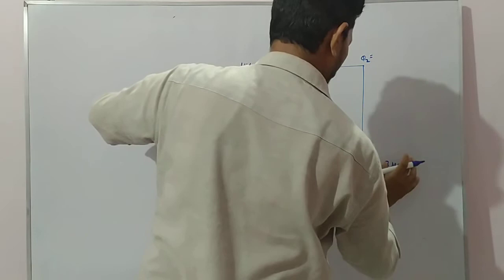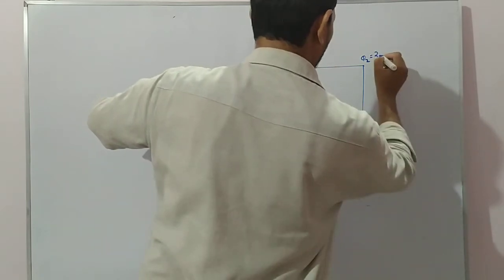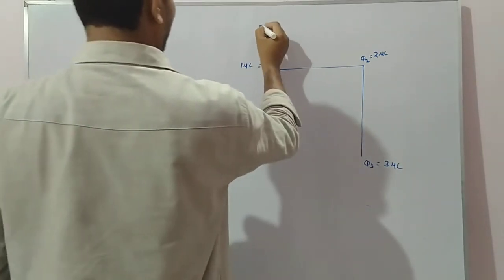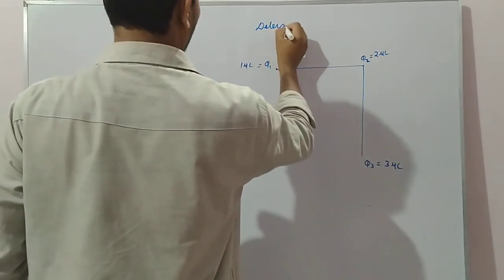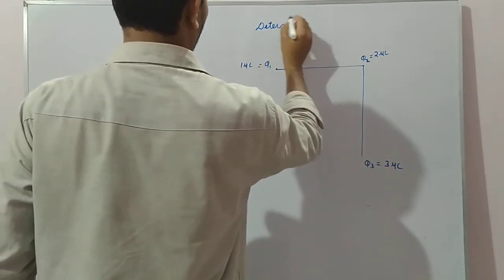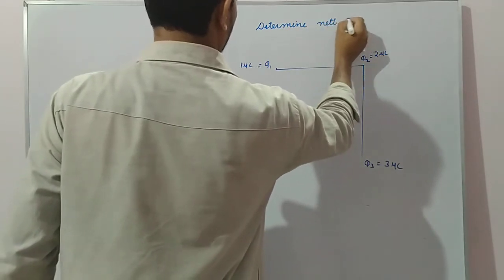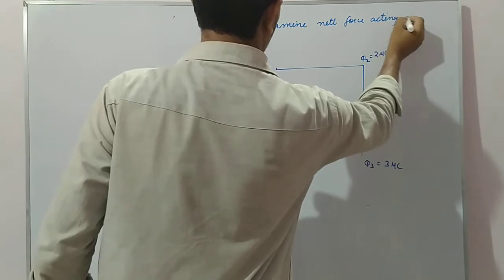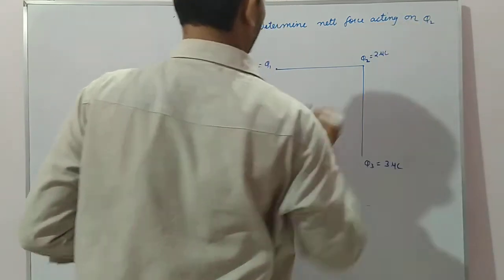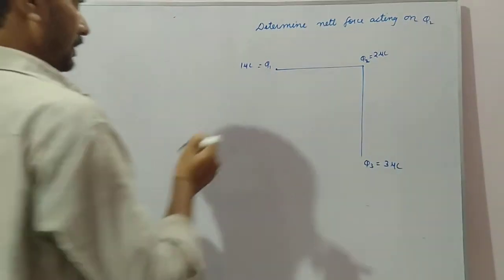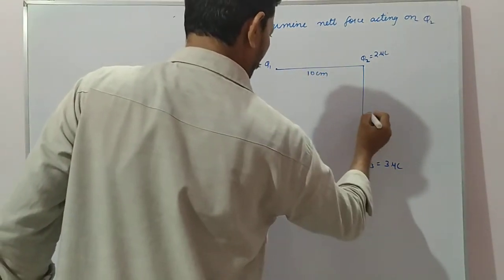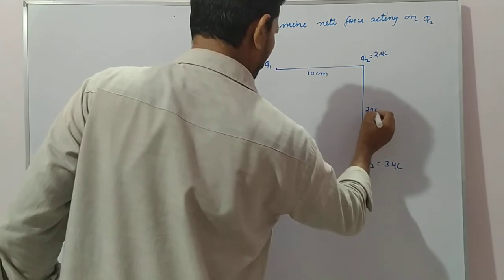The question is to determine the net force acting on Q2. This distance is given to be 10 centimeter. This one is given to be 20 centimeter.